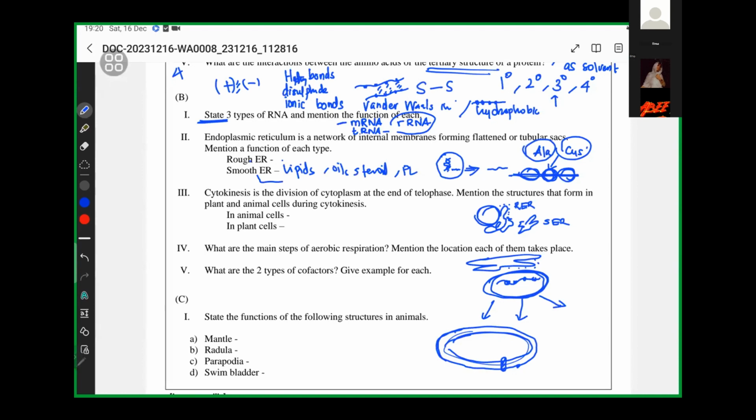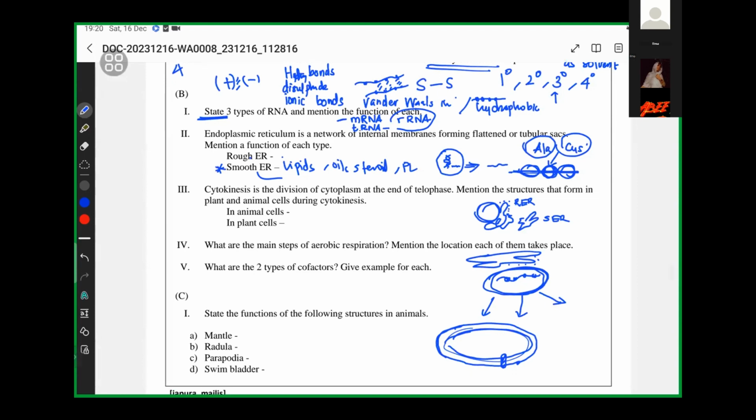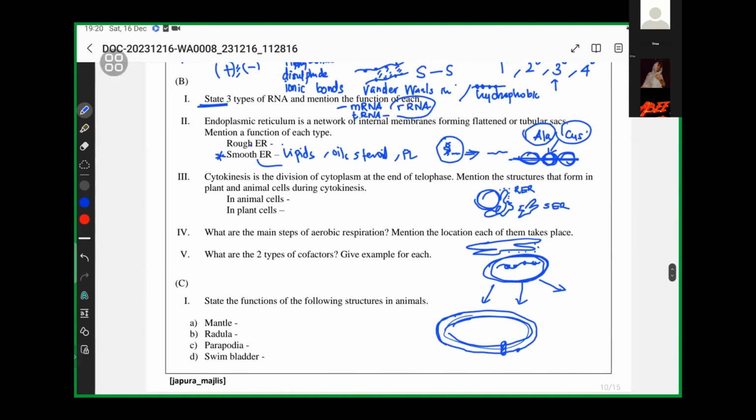And it is involved in the metabolism of carbohydrates. And it also produces vesicles because it is also producing some sort of biomolecules. And it is mainly involved in detoxification, and it stores calcium ions. Okay, so if you guys have any doubt, please ask me.